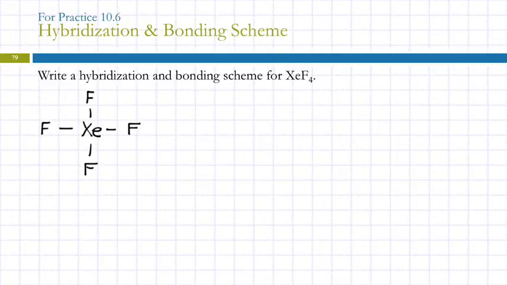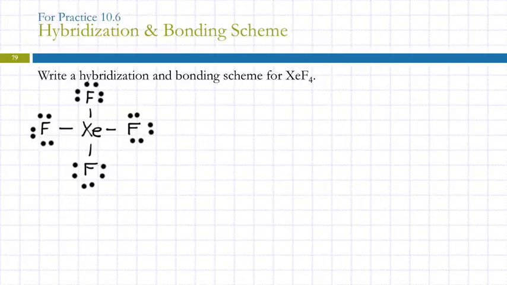We've got 4 fluorines at 7 electrons each, so that's 28. And xenon has 8 valence electrons, so that gives us 36. I already have 2, 4, 6, 8, 10, 12, 14, 16, 18, 20, 22, 24, 26, 28, 30, 32, 34.